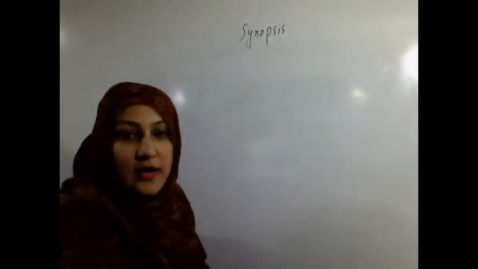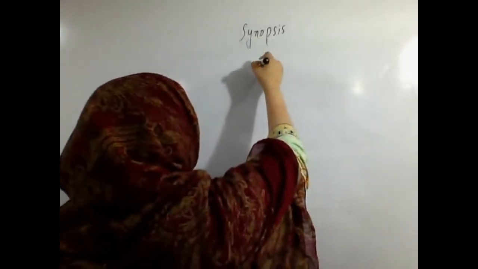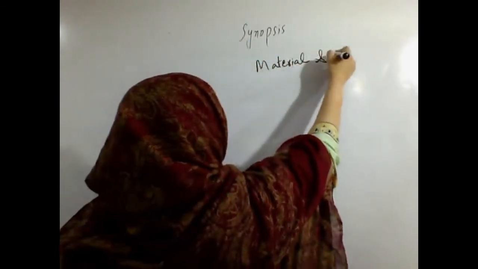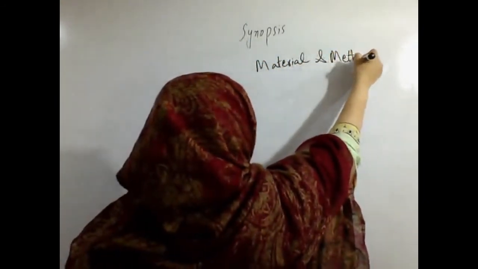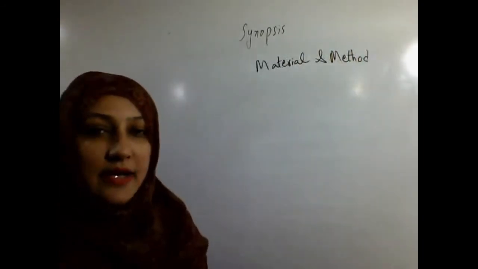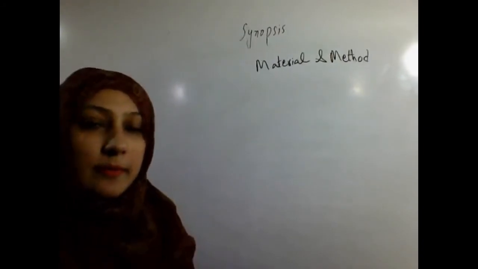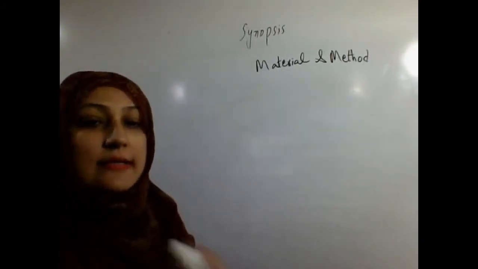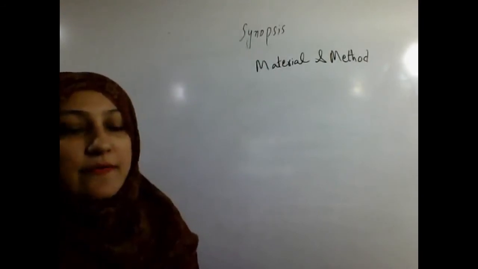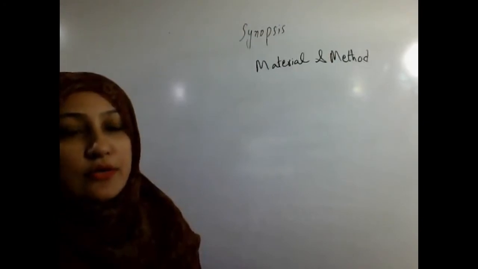The next component of a synopsis is the material and methods section. This is a very important component of the synopsis, because in this component you give a brief idea about your plan of work.